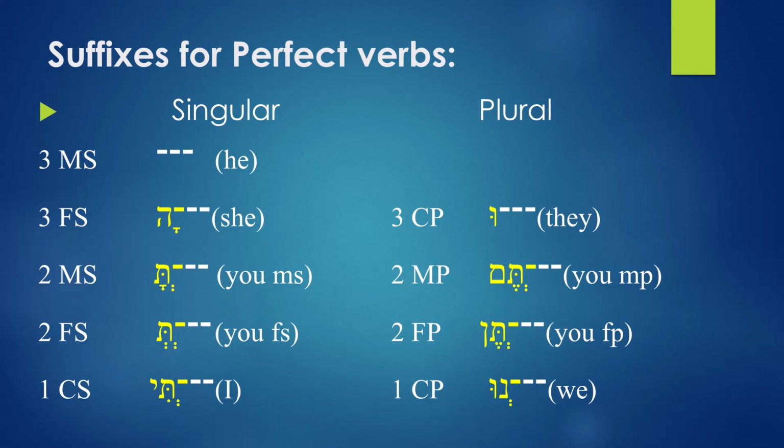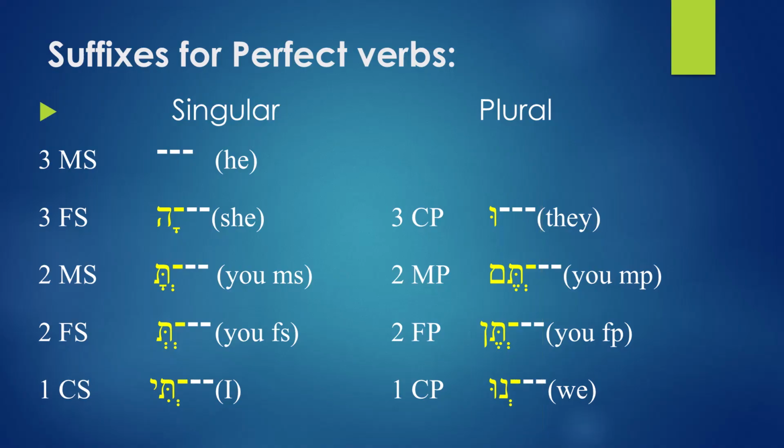So this is a paradigm that you need to master and know. Let me just give you some hints. If you look at the singular suffixes, from top to bottom, you have dash, a, ta, te, ti. Dash means no suffix. And if you look at the plurals, you have o, tem, ten, nu.